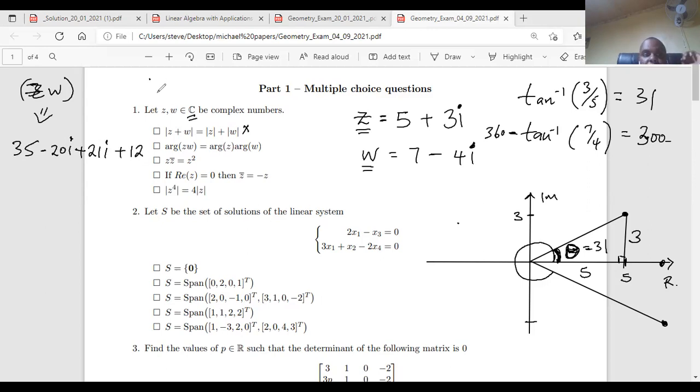I squared is minus 1, so this becomes plus 12. So this is going to be 35 plus 12, 47, plus i. And you can see that angle is going to be very small. Do you think the second is wrong? It's wrong.